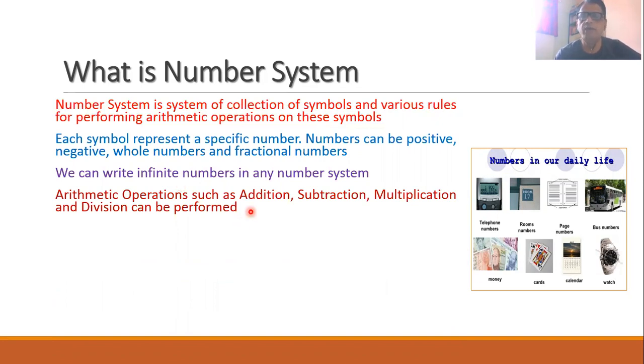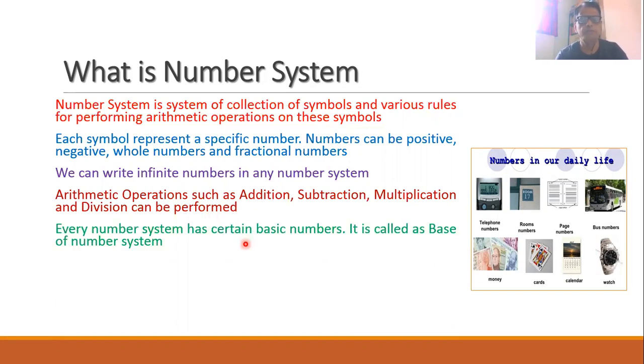We can perform various arithmetic operations such as addition, subtraction, multiplication, and division on these numbers. Every number system has some set of rules, and by using this set of rules, we can perform any arithmetic operation on these numbers. Every number system has a set of fixed basic numbers, and this count of basic numbers is called the base of the number system.